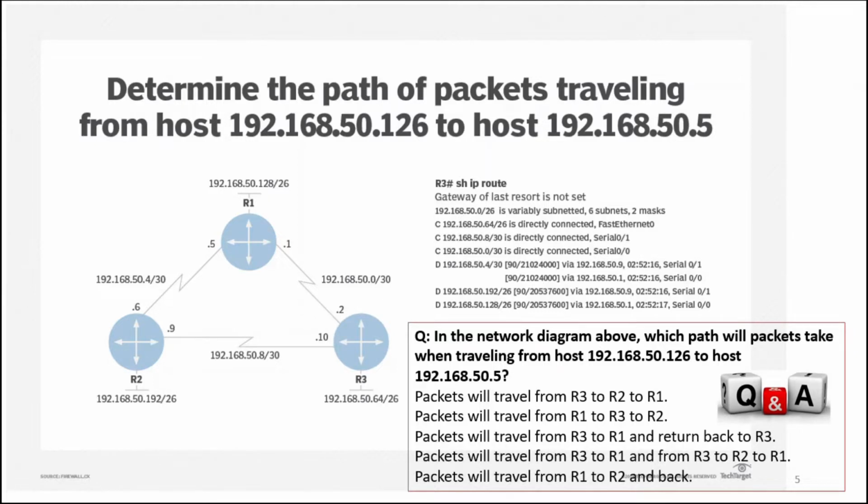The other one, the destination, which is 55, this interface, because this one is /30, it means 54 is the network, with interface .5 and interface .6.